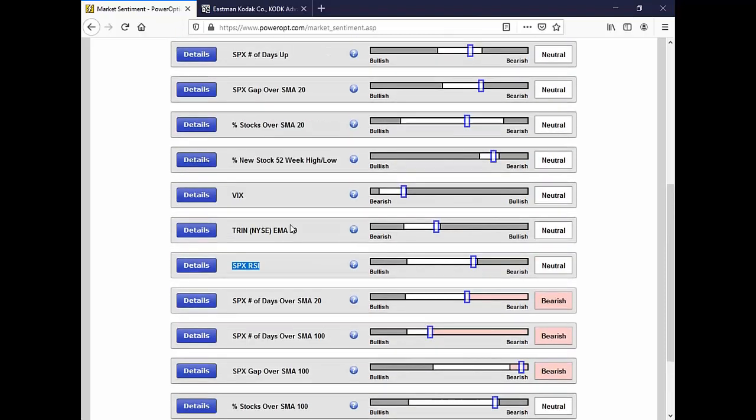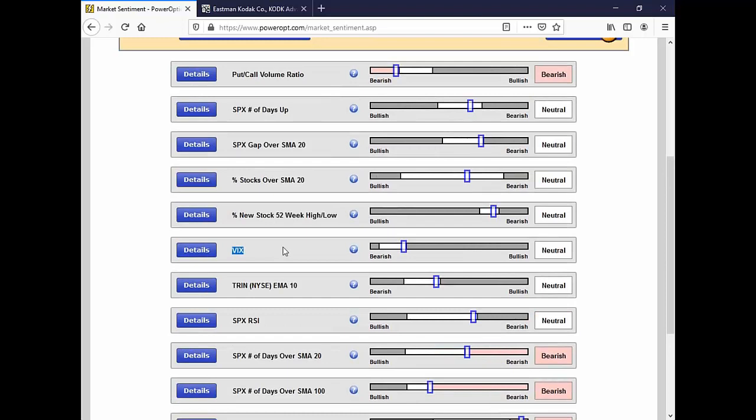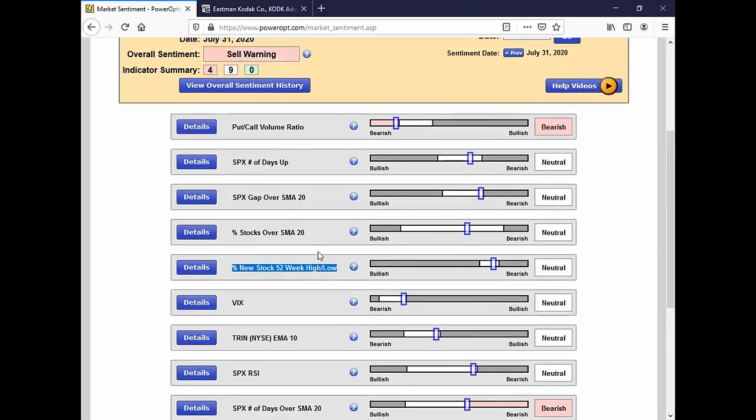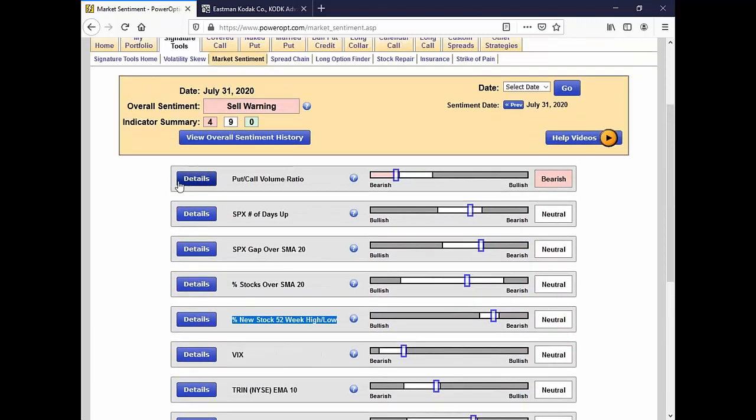RSI, not one that I use in my searches, but it's there. I want to pay attention to volatility, of course, but I didn't use that in my screen. New 52-week highs or lows, and that goes with the 52-week range we could have used in our fundamental screens as well. So you see that 3 or 4 of the indicators I mentioned are also indicators used in the market sentiment tool that gave us the best indication at that time as well.